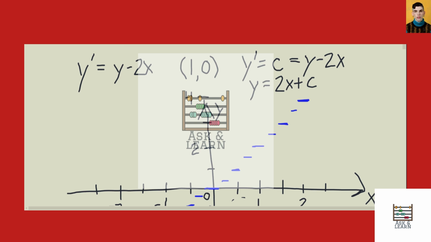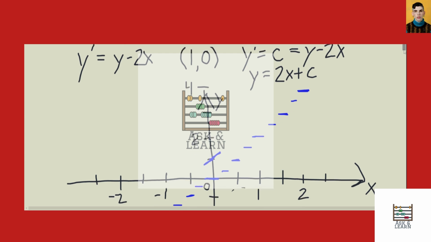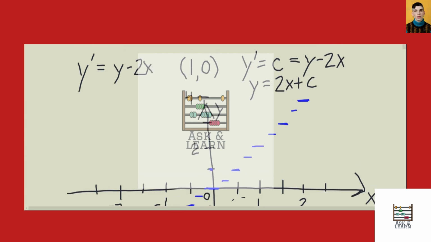If we take c to be plus 1, so we're finding all the points for which y prime at that point is 1, then these are all the points which lie on the line y equals 2x plus 1. This includes the point (0, 1). We'll have a slope of 1, so we go up 1 and then over 1.